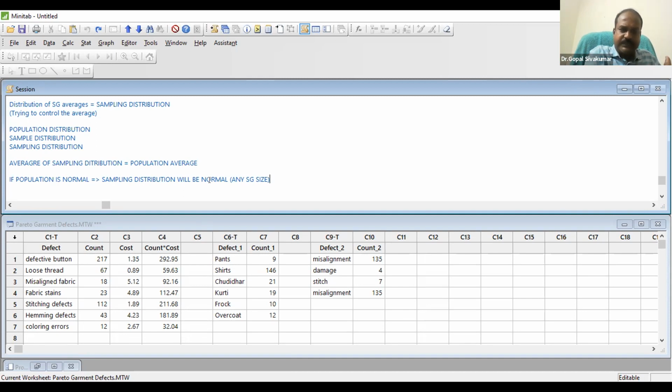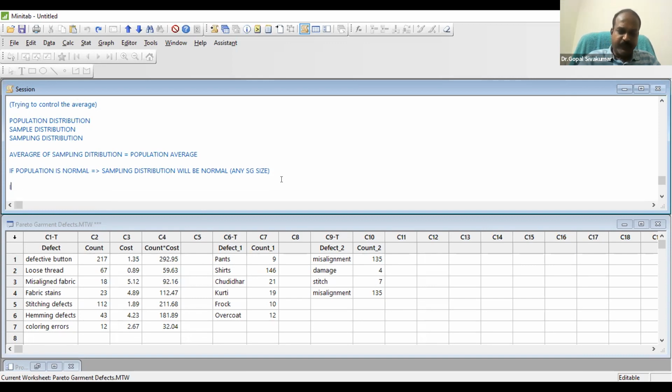Because if you plot a histogram and it is not normal, you still apply the properties of normal distribution, and you will be deviating from reality. But if you learn to work with sampling distribution, there is more chance for you to be correct in your decision making, because the tendency of the sampling distribution to exhibit normality is very, very high.